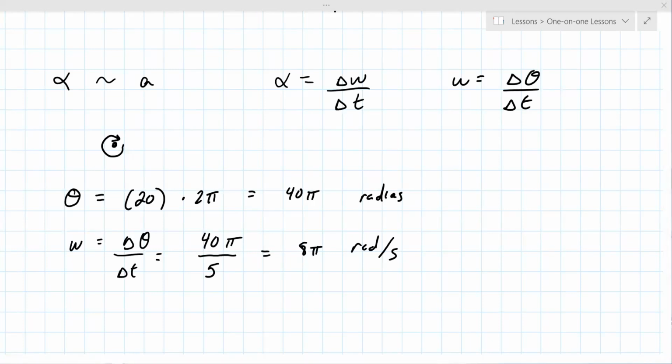So the angular acceleration alpha is equal to the change in omega over, well, I don't know where they come up with this equation, frankly. It's minus omega squared over 2 theta.